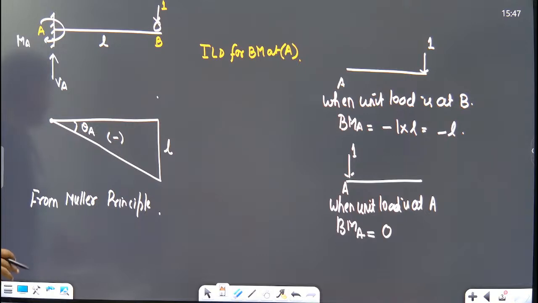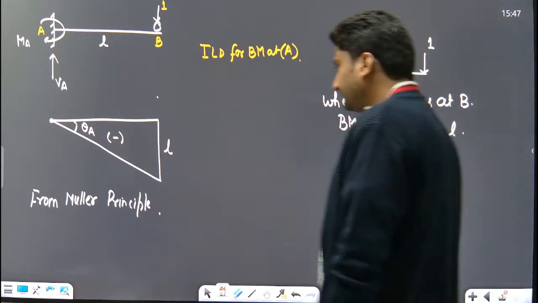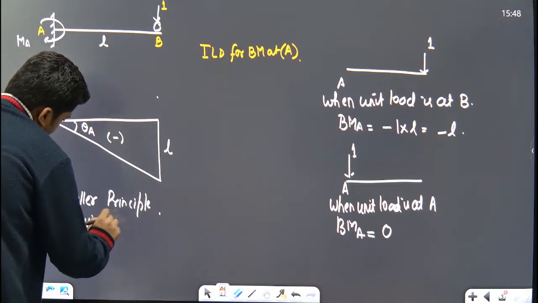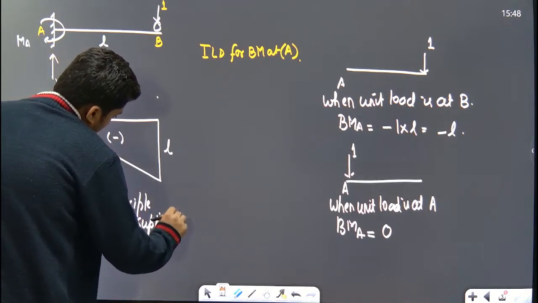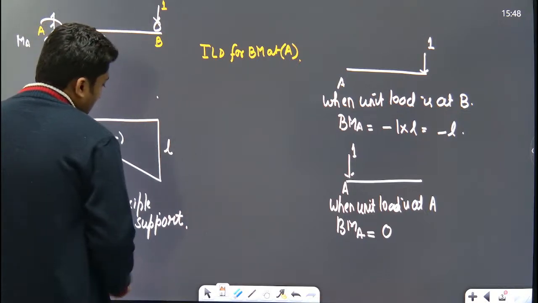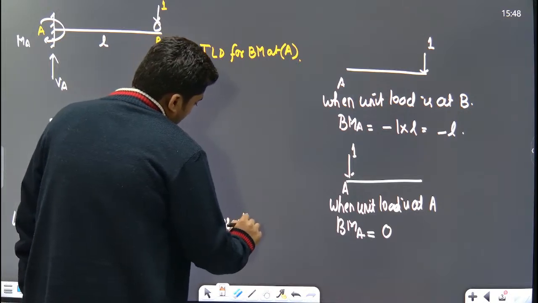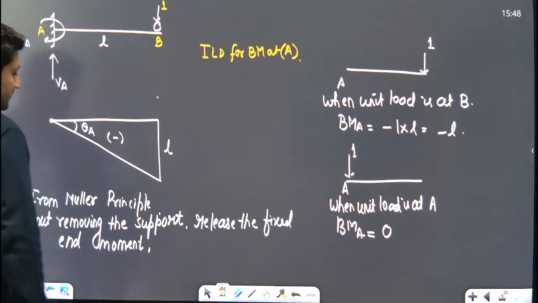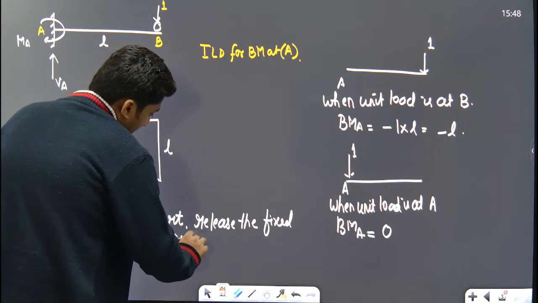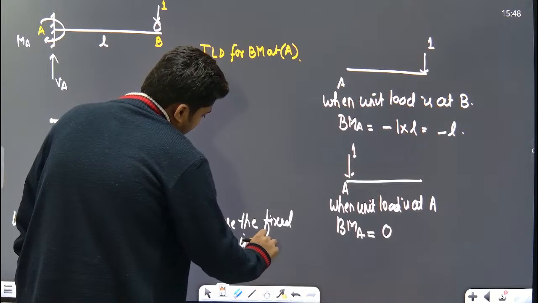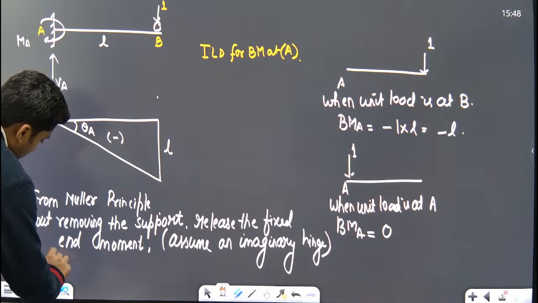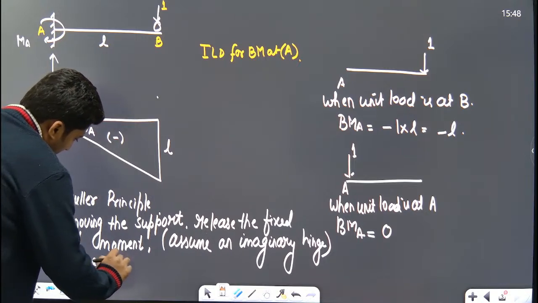Without removing the support at A, release the fixed end moment, assume an imaginary hinge and give a unit rotation.